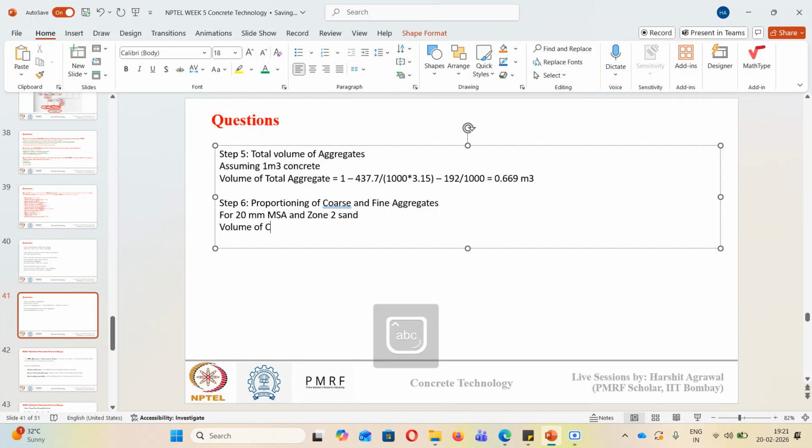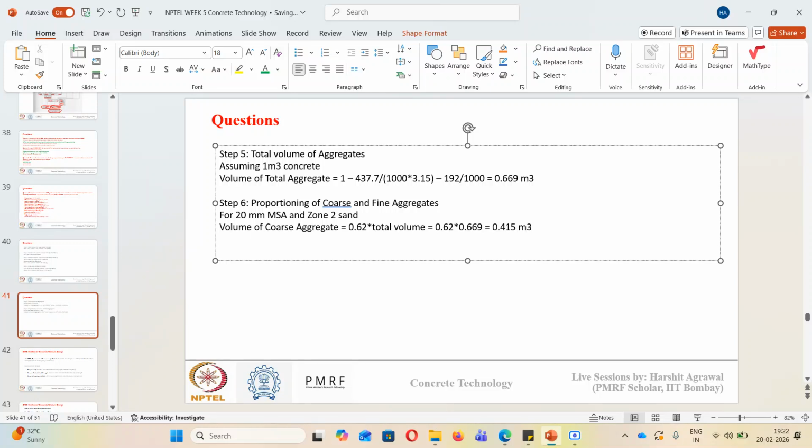Okay, so what is the value? Volume of coarse aggregate is 0.62 times the total volume. So it is 0.62 times 0.669, that will be 0.415 meter cube.